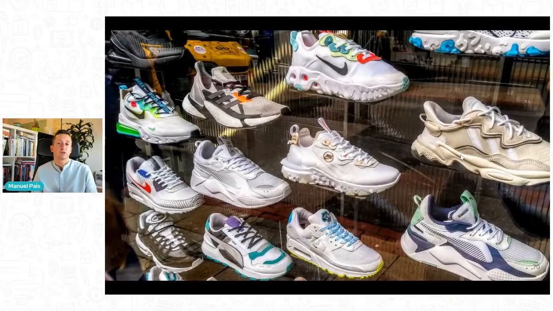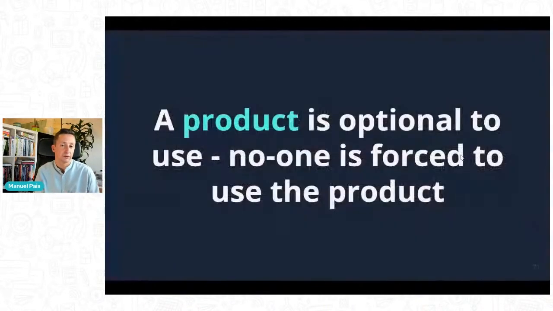Also, a product is optional to use, right? If you go in a sneaker store, you don't expect to be forced to buy some sneakers, right? You might walk out and you didn't buy any, or you choose what you want. No one is forced to buy or use a certain product, or an iPhone versus Android. You make your own choice.